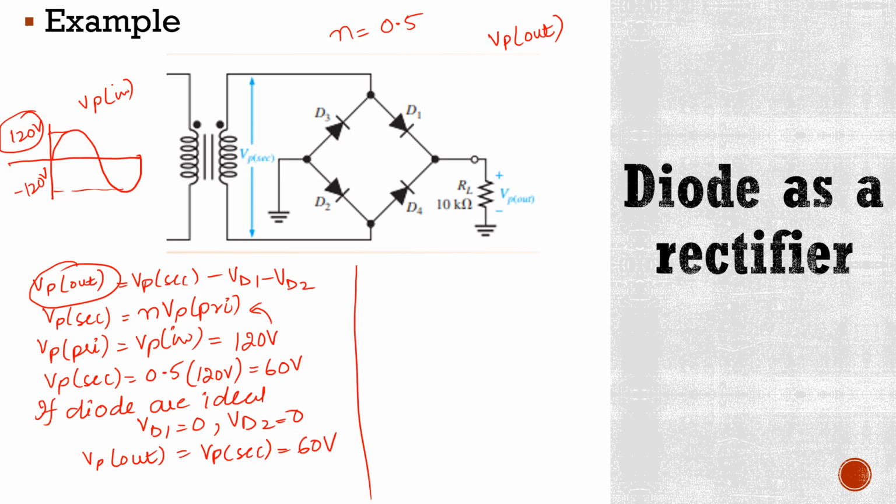So the output waveform will be like this, where this magnitude is 60 volts. Okay.